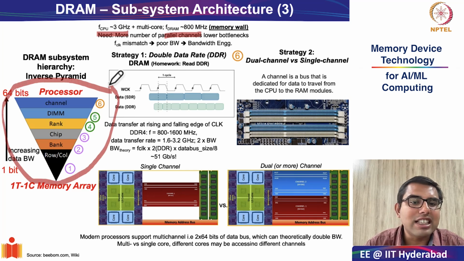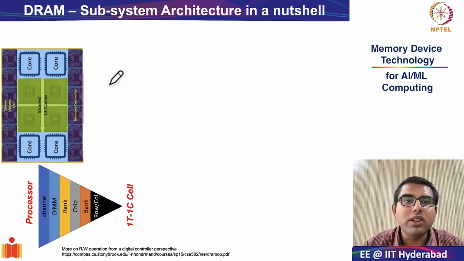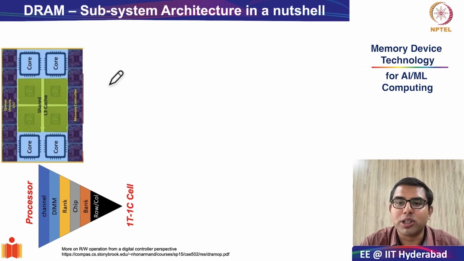I understand this is a very new concept for all of us. So I thought it would be worthwhile to recap this entire concept with a slightly different perspective, and because this is such a new and innovative concept and very important for addressing the memory wall, let's have a relook at it once again.